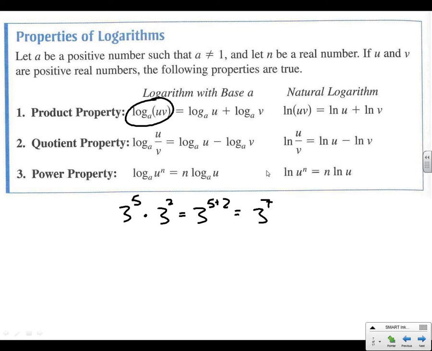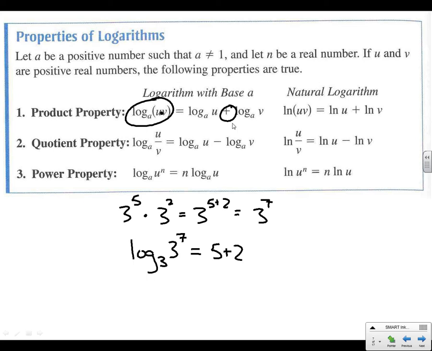If we rewrote this, it would be log base 3, and what's our answer going to be? The answer is going to be 3 to the 7th. And what are our exponents going to be here? 5 plus 2. So you can see that's what's going on here. Multiplying your answers means we're going to add the exponents. It works both directions.